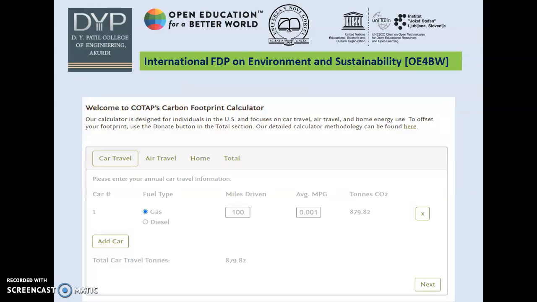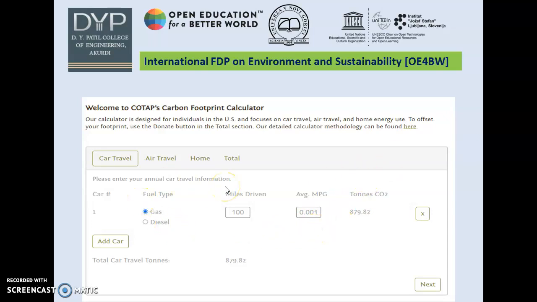So in this slide I have included a calculator for car travel. For a vehicle running on gas, CNG, compressed natural gas, with 100 kilometers driven and an average MPG, miles per gallon, of 0.01, if it is emitting 0.001 of MPG, the CO2 is around 879.82 from the vehicle.